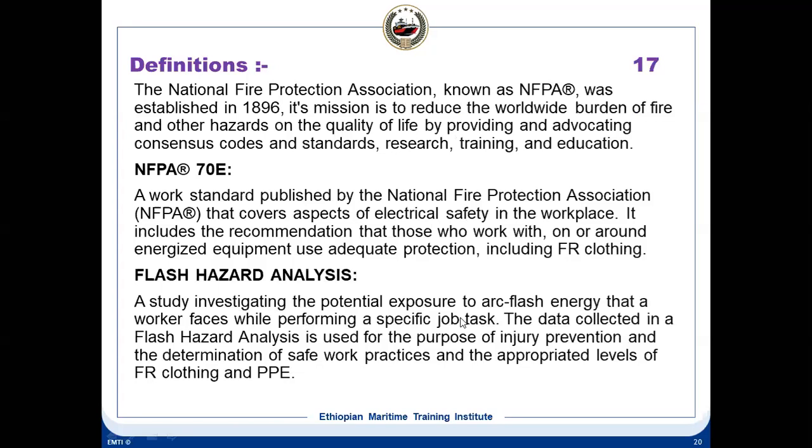The data you collect in a flash hazard analysis is used for injury prevention, determination of safe work practices, and to find out the correct PPE. So whatever data you get, you analyze the purpose of injury prevention, the determination of safe work practices, and the levels of FR clothing and PPE.